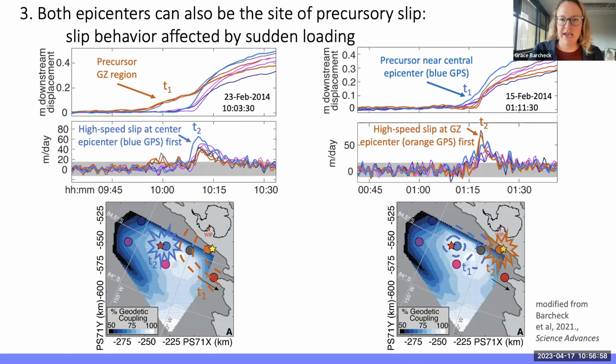Okay, so then the other interesting thing about this migratory initiation process, it turns out that it happens a whole bunch of different ways. It's not always like these orange and red GNSS sites move first and then the earthquake starts with the blue one. There's a couple different patterns in how it happens.